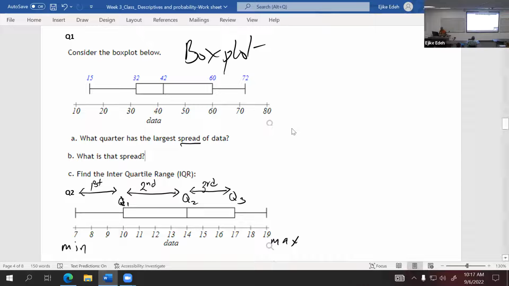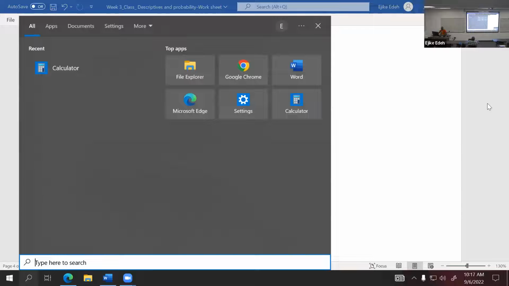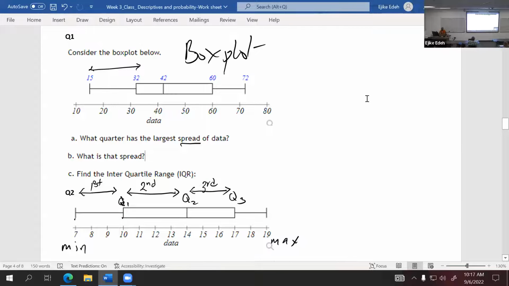So the first quarter starts from the minimum to Q1, right? If I want to get the spread here, I'll just subtract them. So let's subtract 32 minus 15. 17. 17, okay. You will notice that it's difficult for me to calculate mentally.